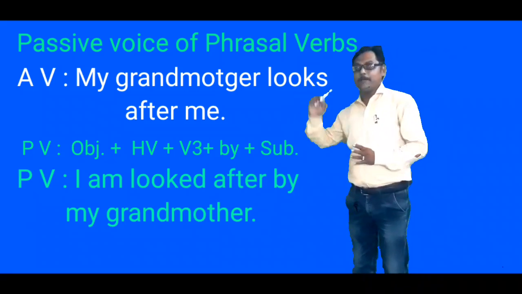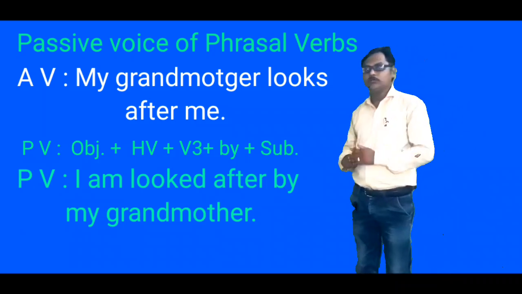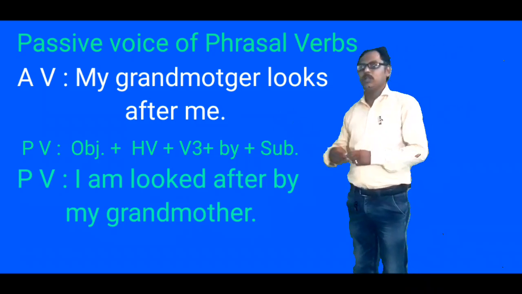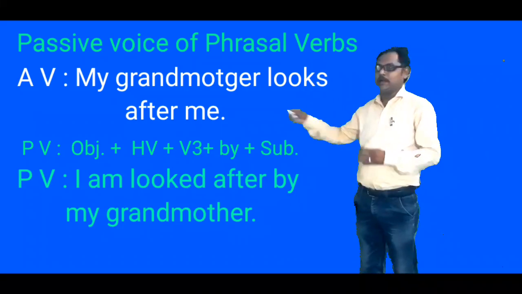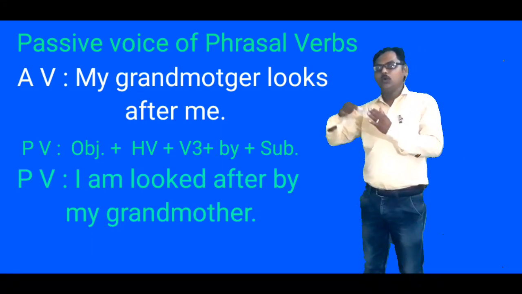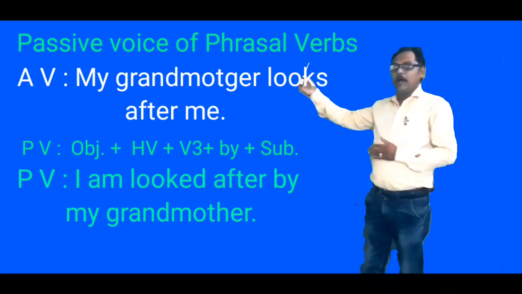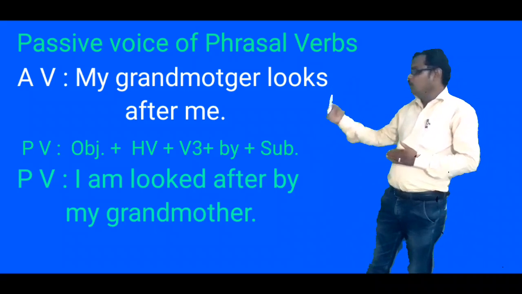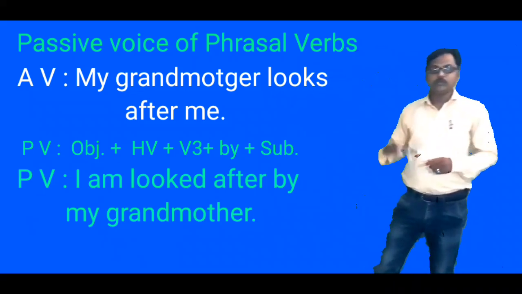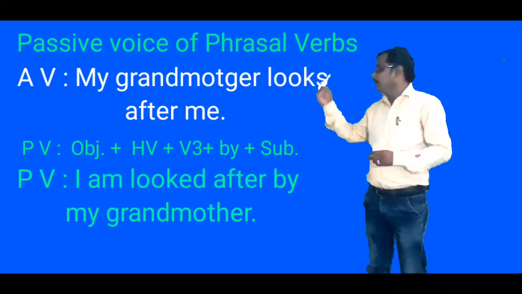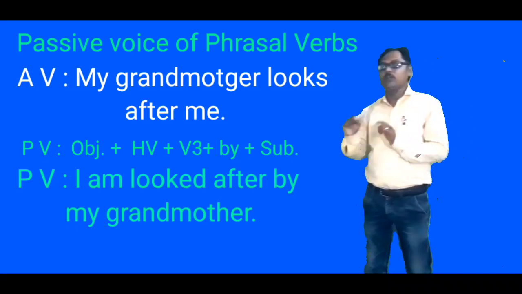So I am. Now the verb is look. The third form of look is looked. So I am looked, and the phrasal verb is look after, so we use it as it is. So, I am looked after by my grandmother. This is the passive of the sentence with the phrasal verb.